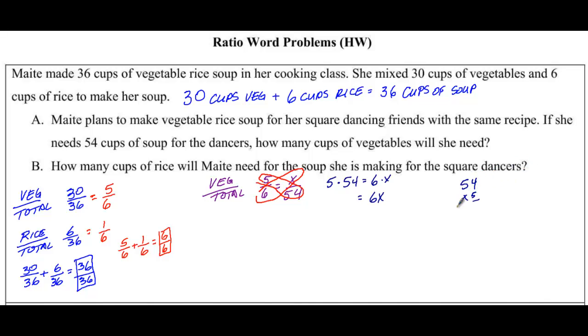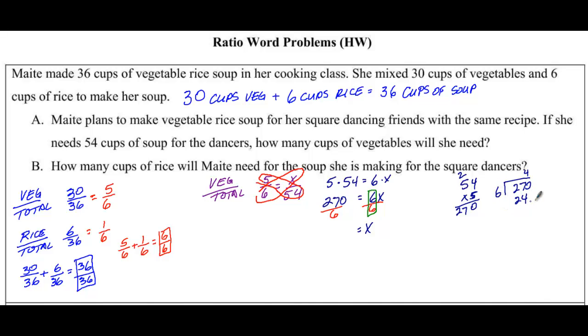54 times 5. 5 times 4 is 20, carry a 2. 5 times 5 is 25, and 2 makes 27. So I've got 270. Then I divide by 6, since that's the coefficient of x. I can see that big 1 right here. And so 6x divided by 6 leaves me x. 270 divided by 6. 6 goes into 27 4 times.